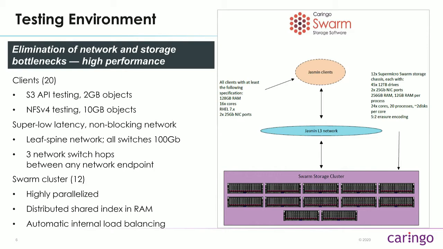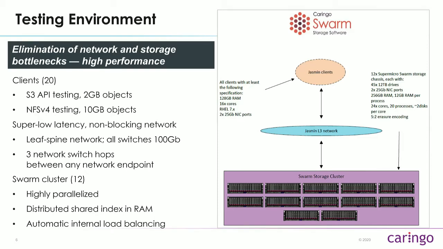In that sense, we see objects per second as another important metric to take into consideration. Objects per second, or operations per second, is quite important, especially if you are dealing with tiny or small files, as opposed to 2 gigabyte or multiple megabyte file sizes in the cluster.